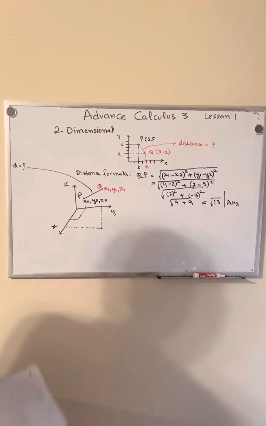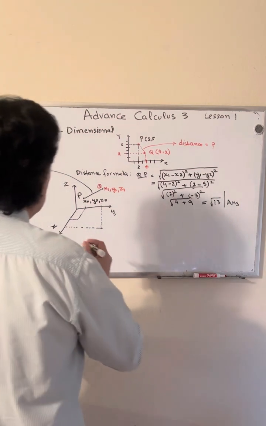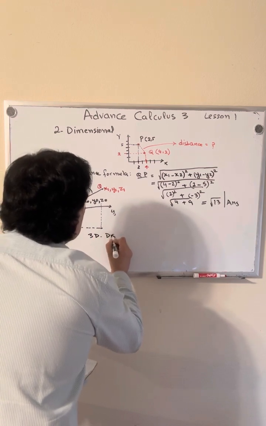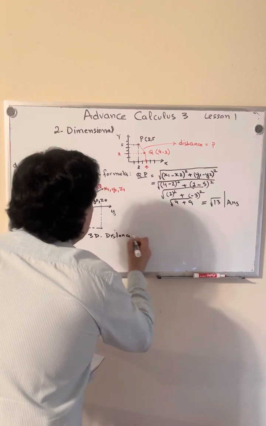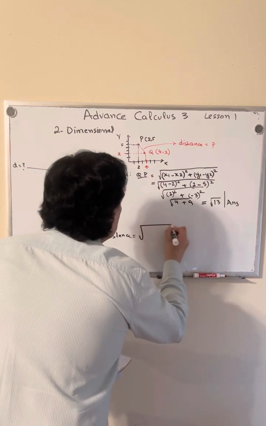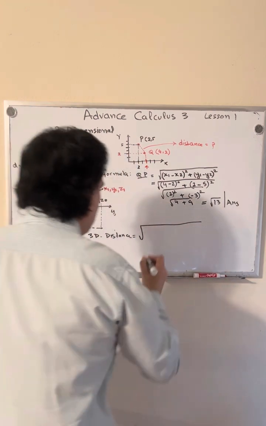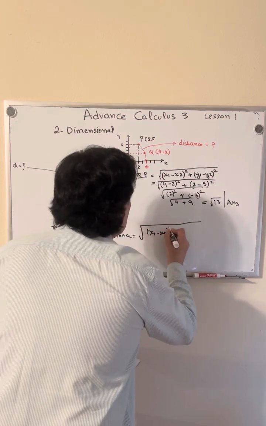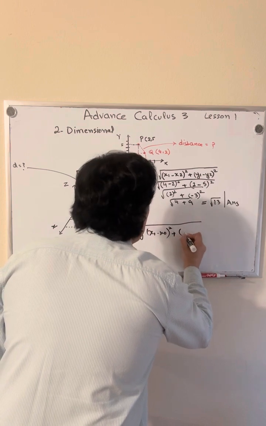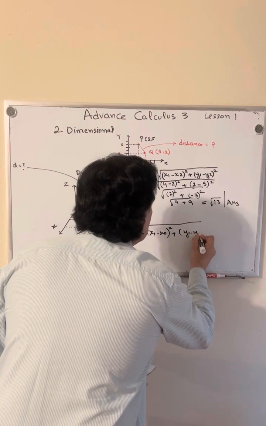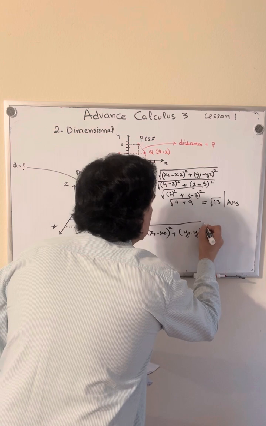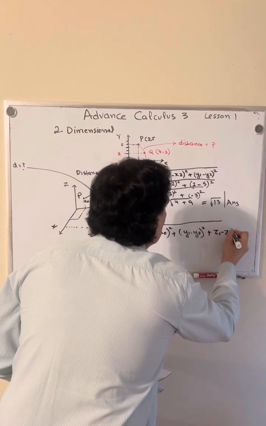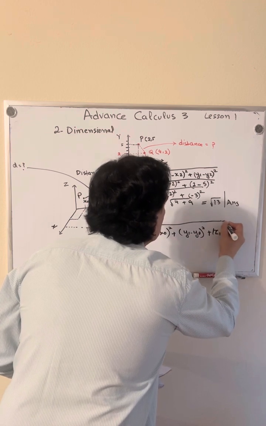Well, there is a formula. The 3-dimensional distance is equal to the square root of x1 minus x0 squared plus y1 minus y0 squared plus z1 minus z0 squared.